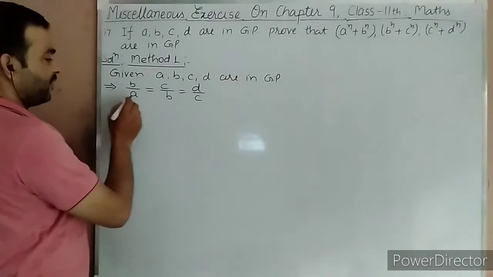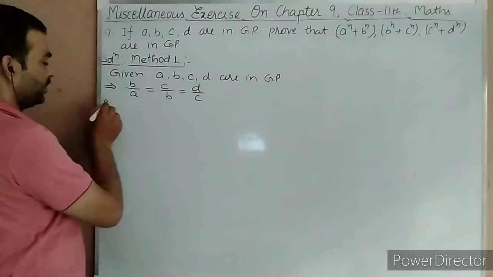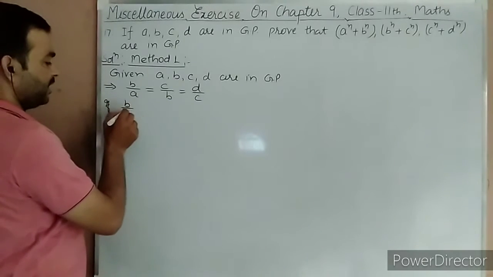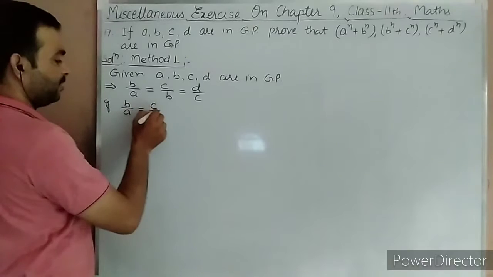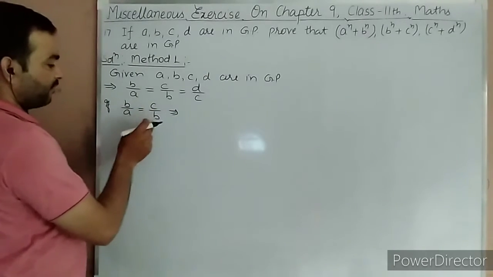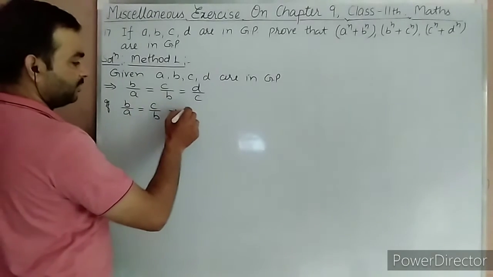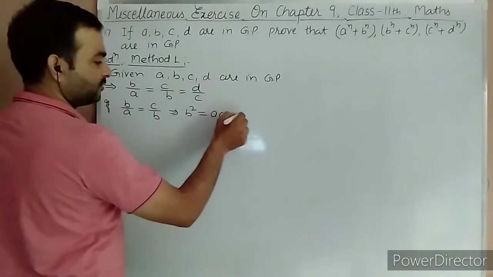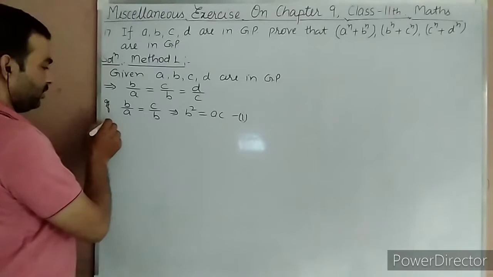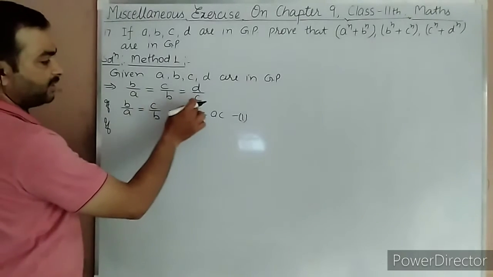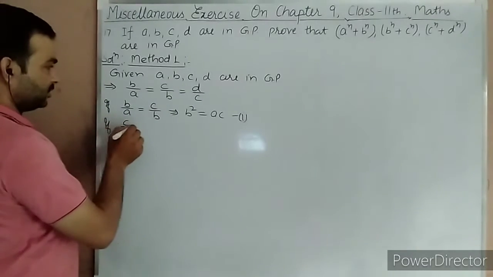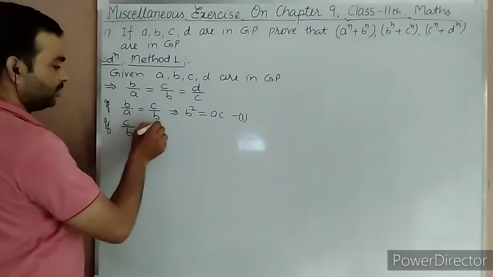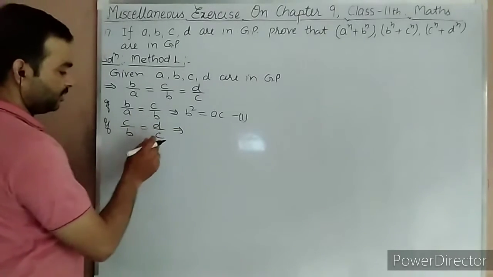If I take the first and second ratio, that is B by A is equal to C by B, after cross multiplication I get B square is equal to AC. This is the first condition. If the second and third ratio are equal, C by B is equal to D by C, then I get C square equals BD.